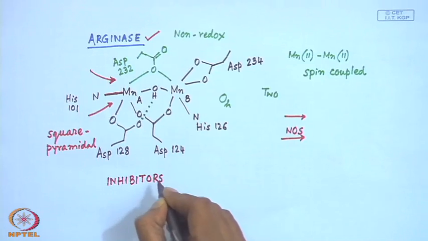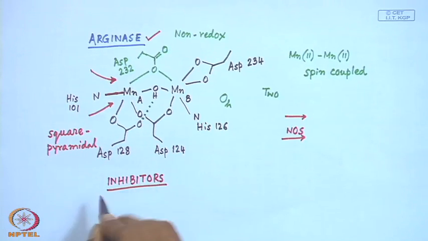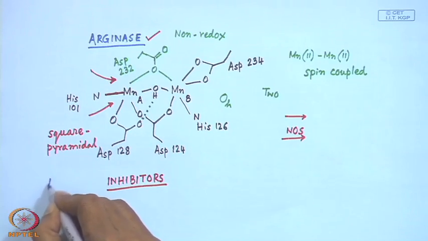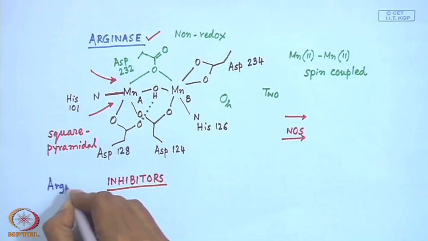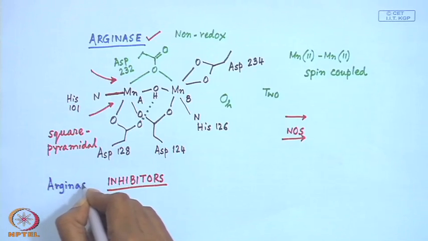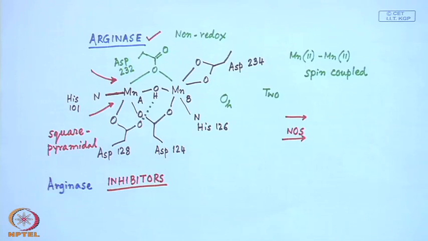So, next day when we see the actual catalytic cycle, we will find that these inhibitors we will straightaway call arginase inhibitors. Inhibitors are groups which will make your catalyst inactive for your arginase substrate.